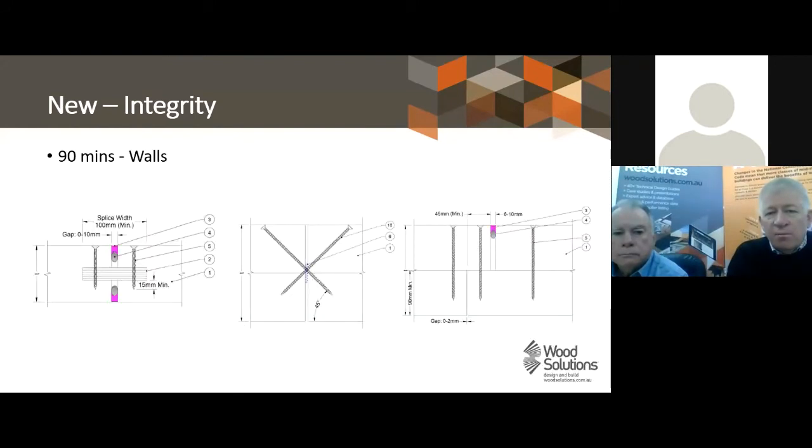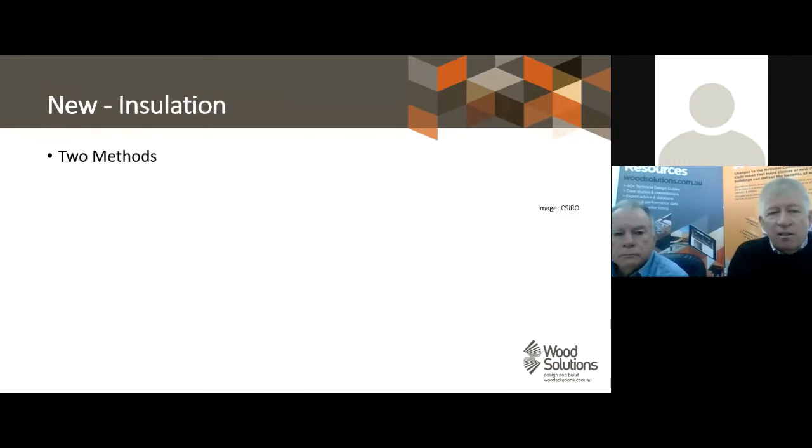It will give you 90 minutes and 60 minutes for both walls and floors, and you'll find that in barrier systems, it's the integrity which is important. The failure normally occurs in integrity earlier than any other system.